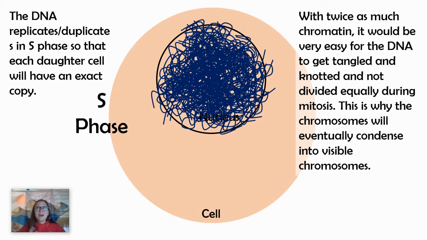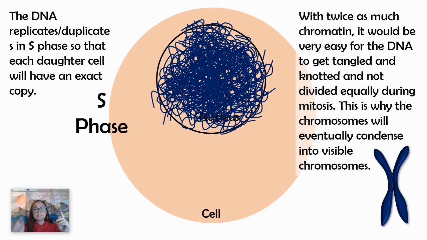And if you imagine, if our goal is to take that nucleus and make an exact copy and then make sure that each daughter cell gets an exact replica, if you just take this chromatin and rip it in half, you're not going to have identical daughter cells. And that is why later in M phase, we actually will take this chromatin and tightly condense it into that picture you see of chromosomes that look like an X. So in reality, if you tell someone to picture a chromosome in your head, a lot of times they're going to picture this X shape.